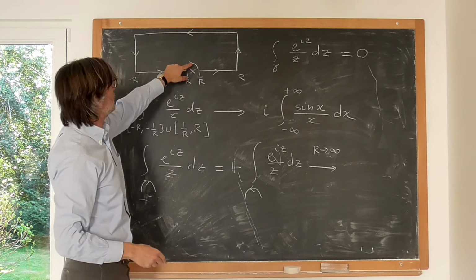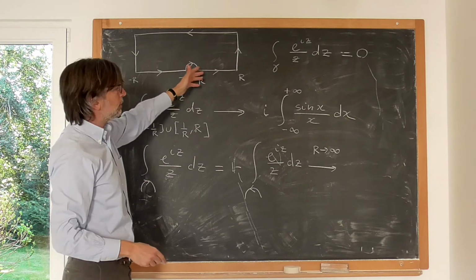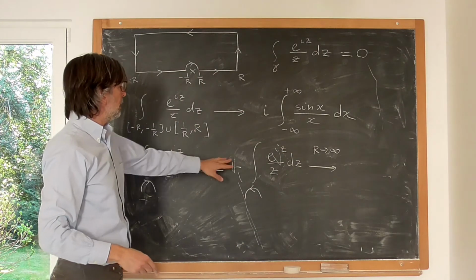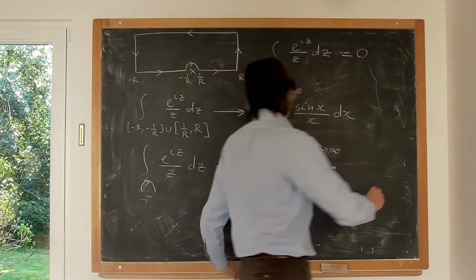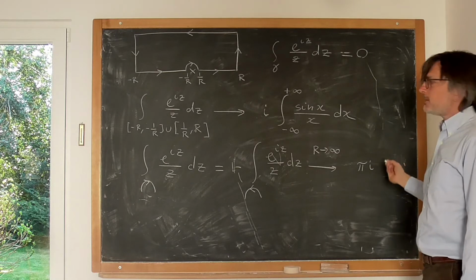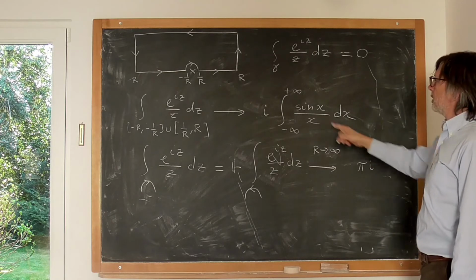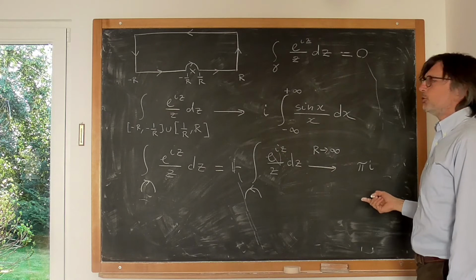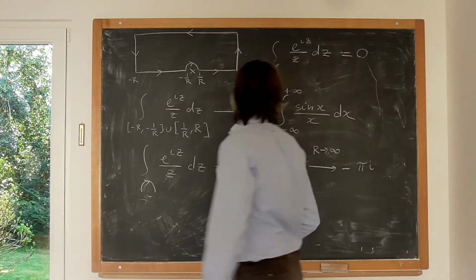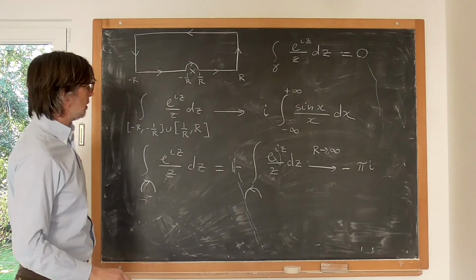When the radius of the small arc goes to 0, equivalently when big R goes to infinity, everything converges to pi i times the residue at the origin, which we have shown to be 1, and then we still have this minus in front of the integral.